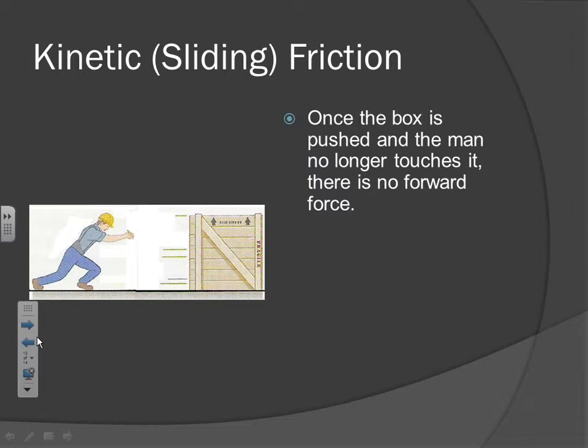Why does it keep moving in the forward direction then? Because it's accelerating. How is it accelerating? It's slowing down. But why does it keep moving forward as it's slowing down? Inertia, right? It was moving forward. It's going to try and keep moving forward as much as it can.